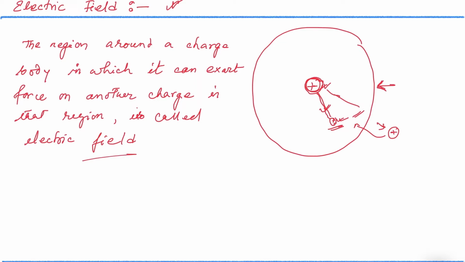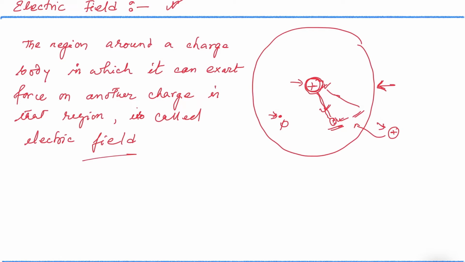Now what will be the electric field due to this charge at a particular point in this region? Suppose we have a point P here. What will be the electric field at this point due to this charge?